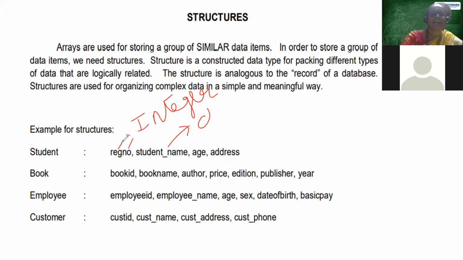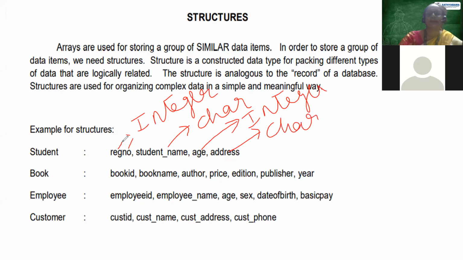I will use char. Age means definitely integer. So address means what? Again, char. So what you have understood now, I can use heterogeneous data types, that is structure. I can use different data types in a single package, that is a structure.